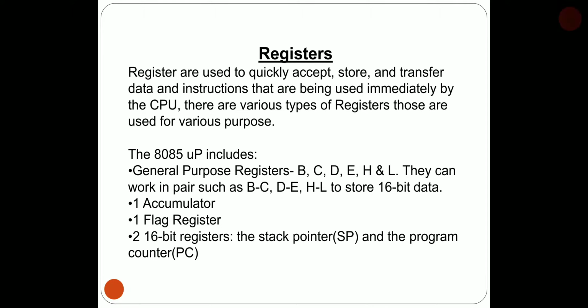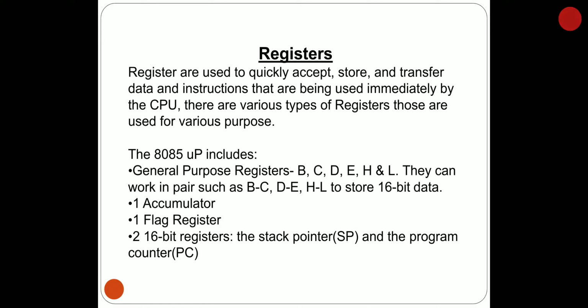Registers. Registers are used to quickly accept, store and transfer the data and instructions that are being used immediately by the CPU. There are various types of registers, used for multiple purposes, because the CPU efficiency depends on the registers.